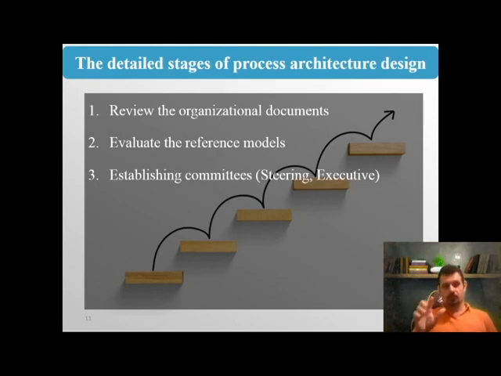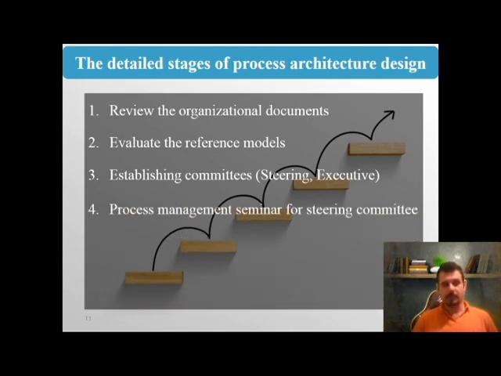If we want to find our business area, we need to use the help of a steering committee. If we want to find process names, or find processes, we need to use the help of the executive committee.